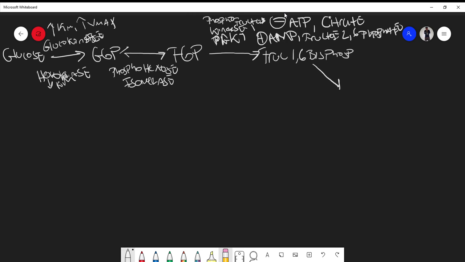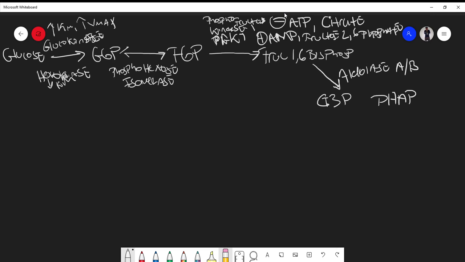In the next reaction, we convert fructose 1,6-bisphosphate using aldolase A or B. There's actually two aldolases, A or B, and that's converted into glyceraldehyde 3-phosphate, which I'm going to abbreviate as G3P, and dihydroxyacetone phosphate, so DHAP.